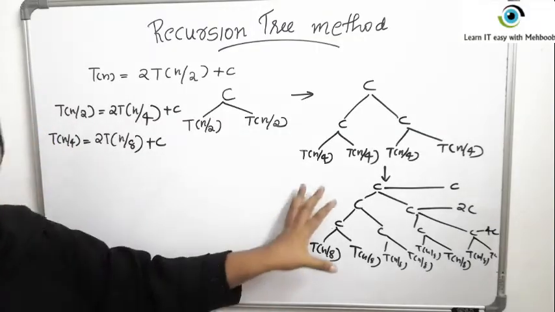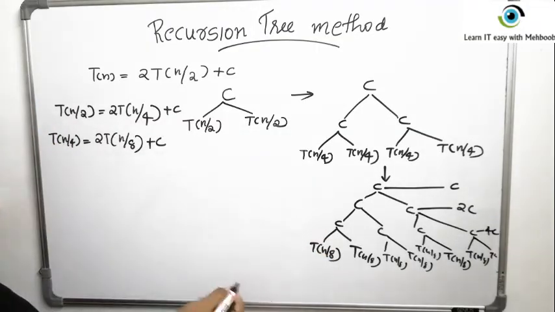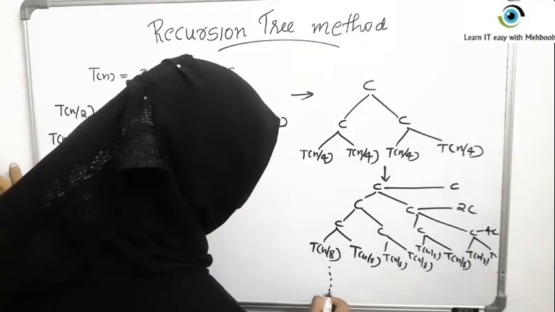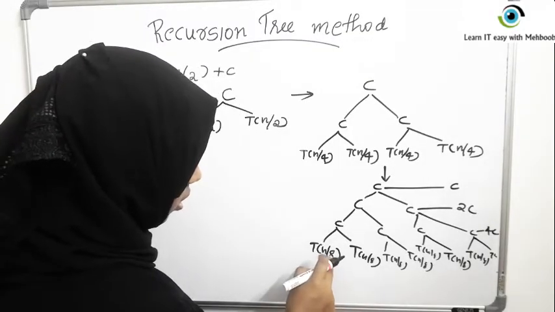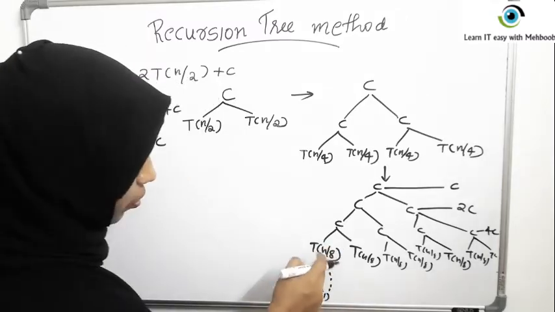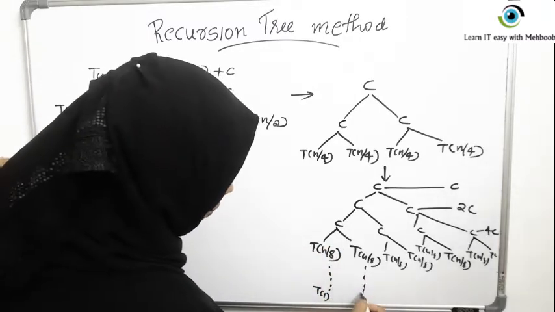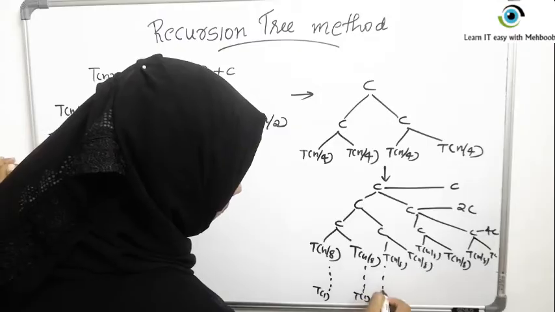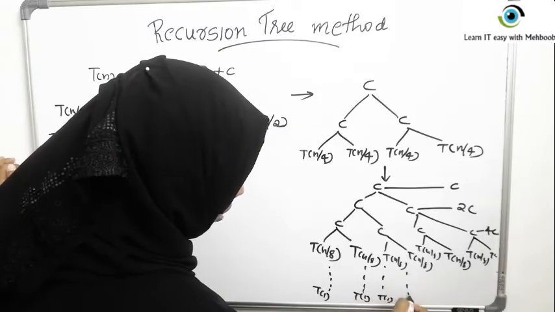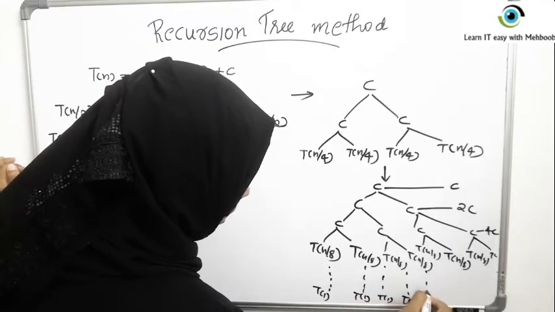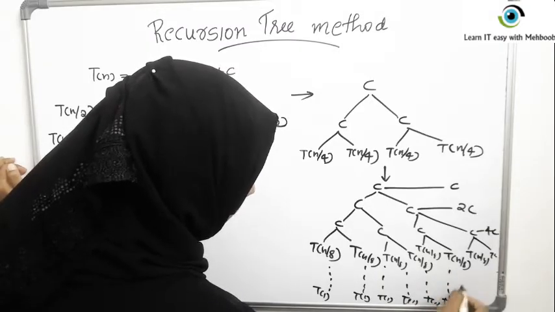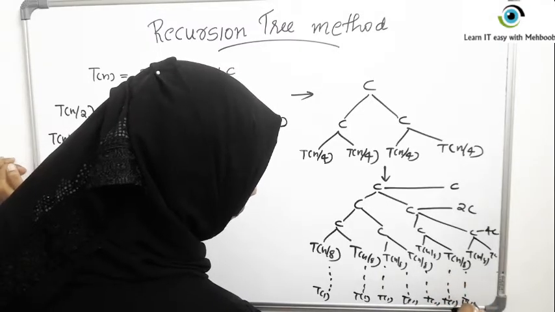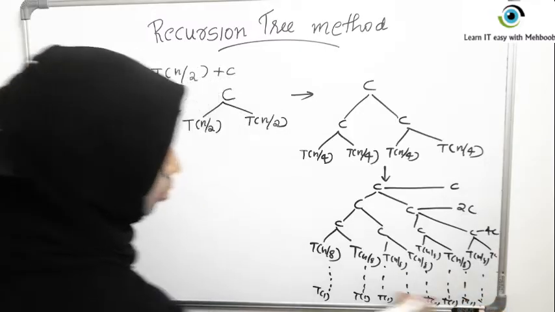So if you are taking the cost, after some point you will get T(1) definitely, because when this denominator becomes equal to n, you will get T(1) all over. So at that point, we can stop expanding the tree. You don't have to draw the complete tree till you get T(1). Once you understand the pattern, you can stop.